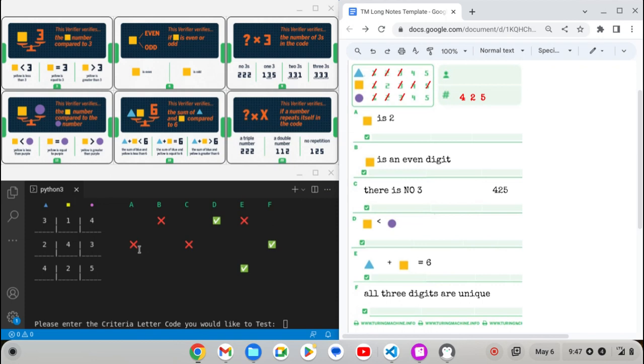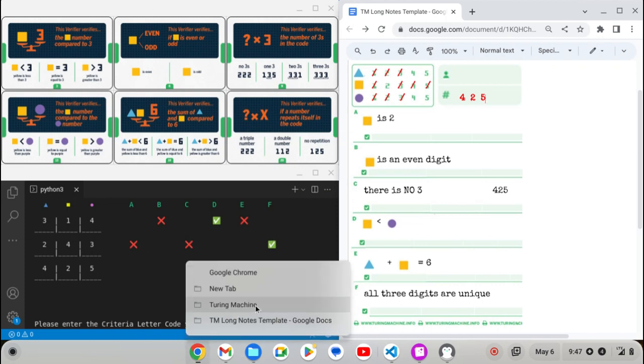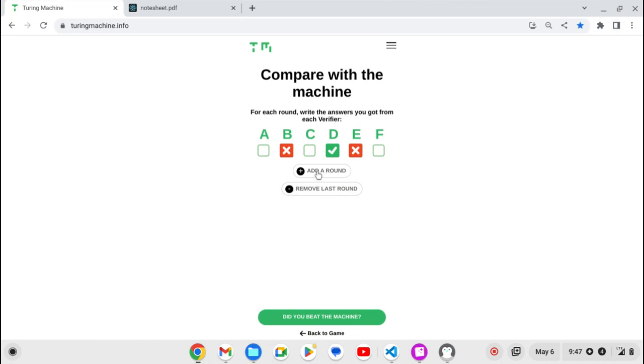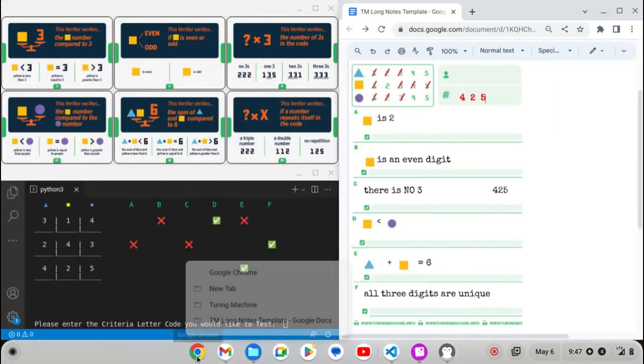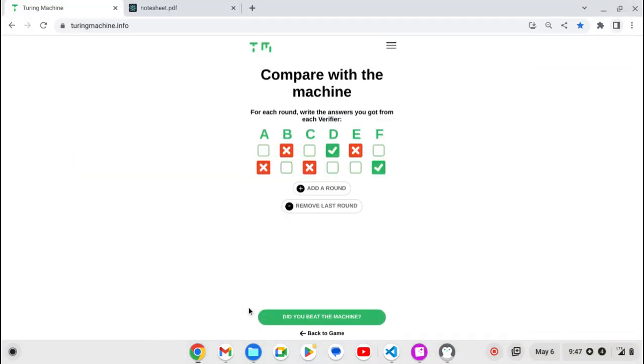Then we did ACF in our second round, and F was correct. And then finally we tested one more E for the third round, and it was correct.